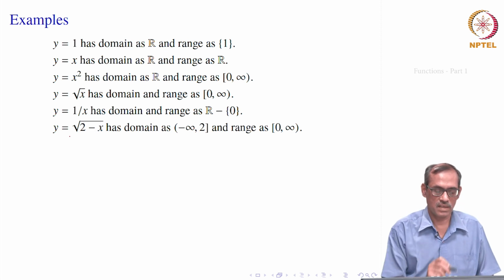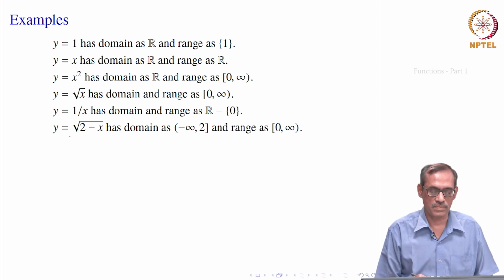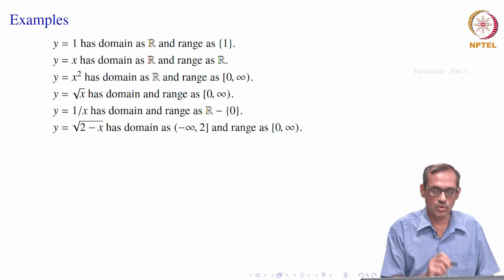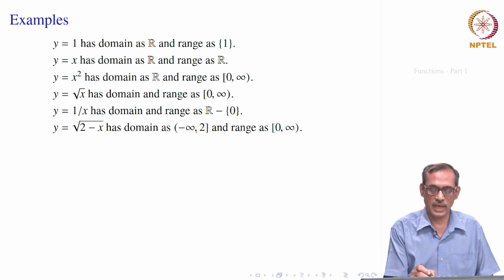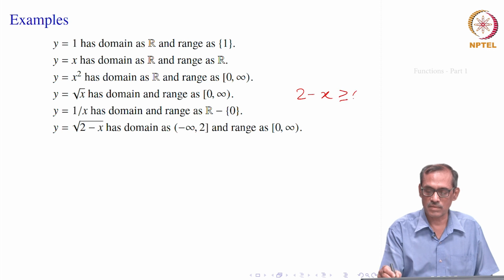Let us consider another function, y equal to square root of 2 minus x. Now, how to get its domain? You have to see where it is defined. We know that square roots of non-negatives are only defined. So, 2 minus x must be a non-negative real number, that means 2 minus x must be greater than or equal to 0.